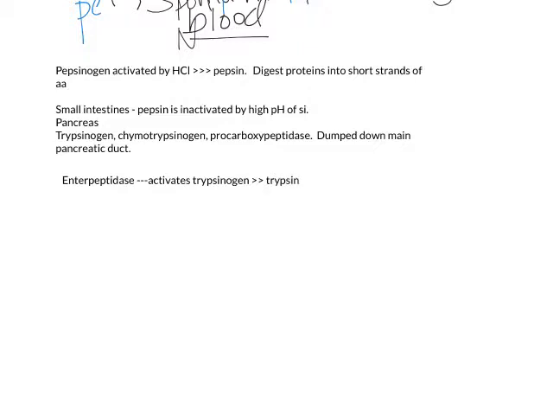Okay, now, trypsin activates chymotrypsinogen and procarboxypeptidase. Yes, put that word in there for me.